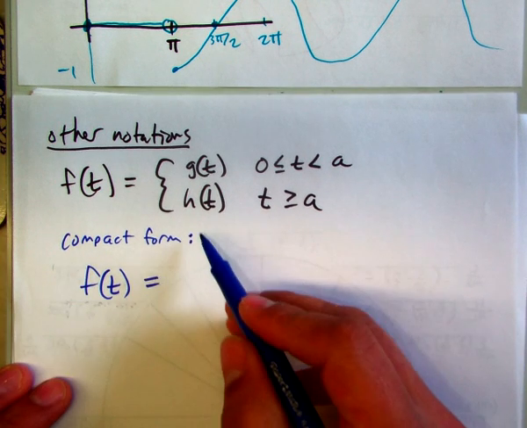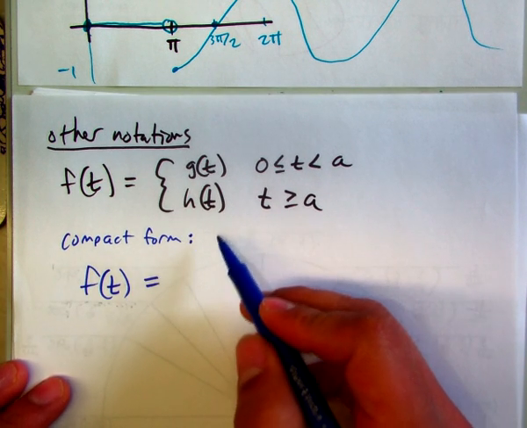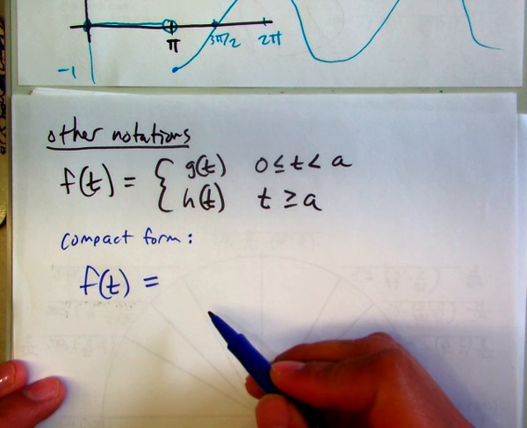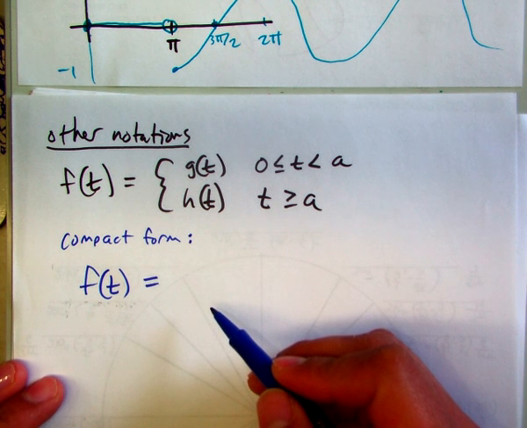We're assuming we're only from 0 to infinity, by the way. So what do we start with at 0? G of t.